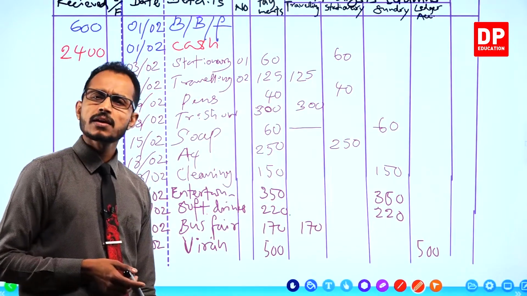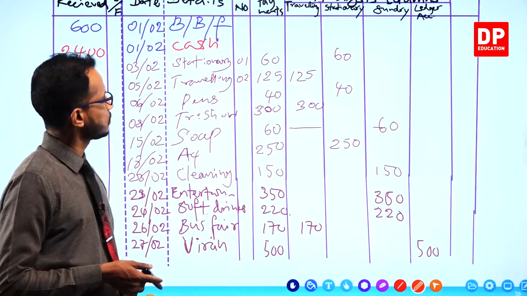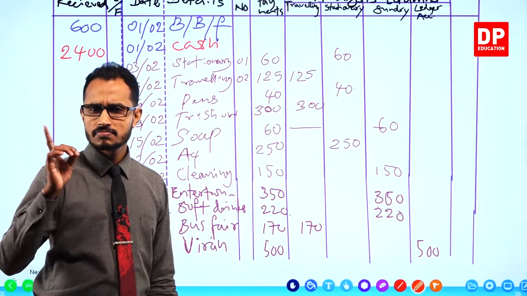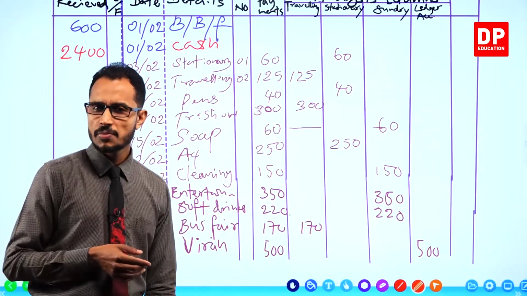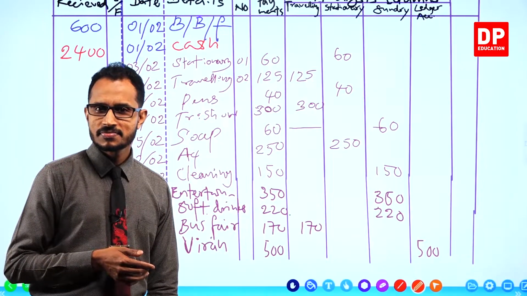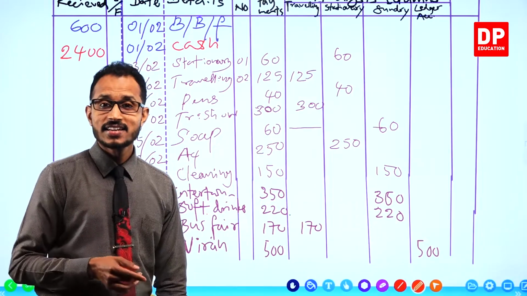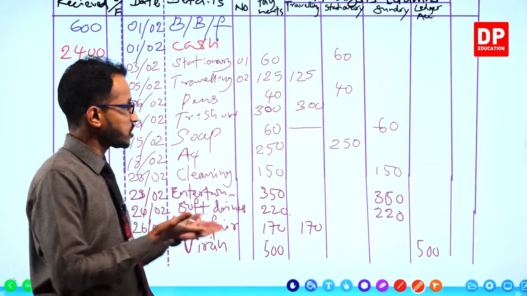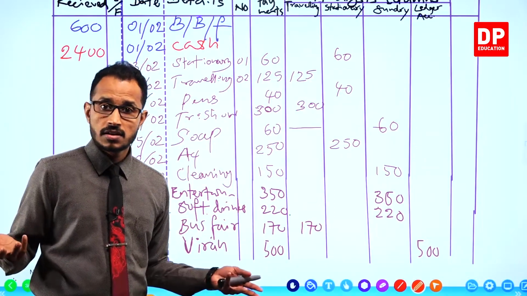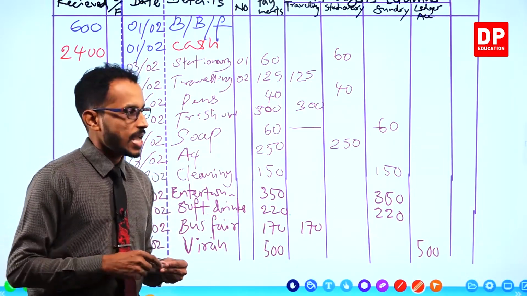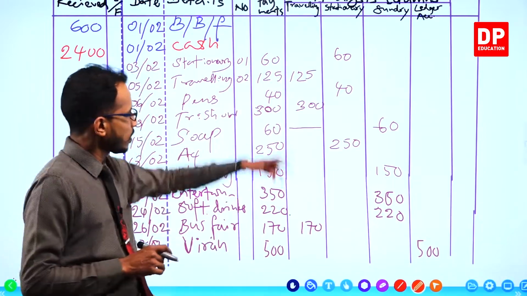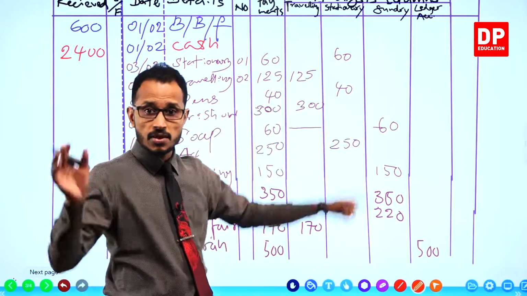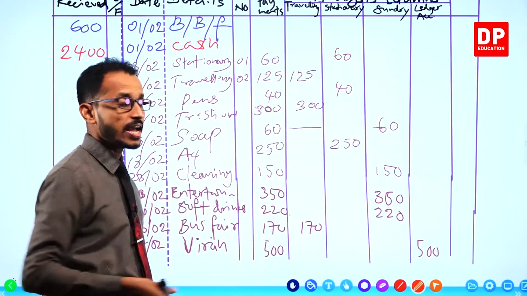Aren't we forgetting something? I'm asking you, aren't we forgetting something? Double entries. Where are the double entries, children? Well, unlike in the cash book, as soon as we record a payment in the relevant column, we don't record the double entry of that.